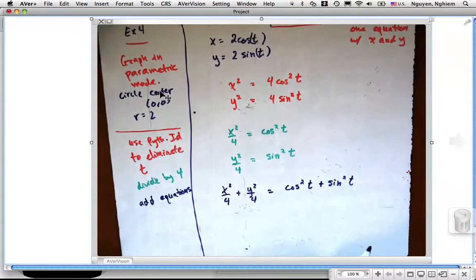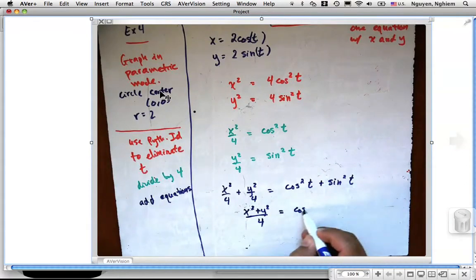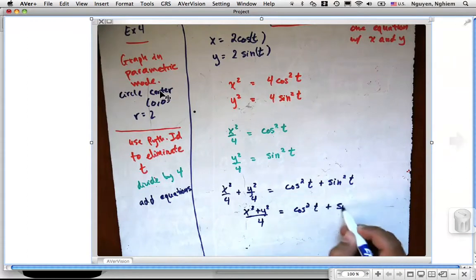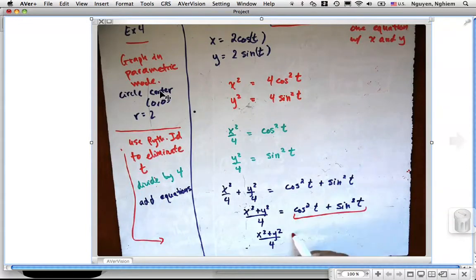To make things simpler, I'm going to combine the left side because they have the same denominator: x squared plus y squared over 4 equals cosine squared t plus sine squared t. Now use the Pythagorean identity. The left side of the equation stays exactly the same, x squared plus y squared over 4, but on the right side, I know that this is equal to 1.